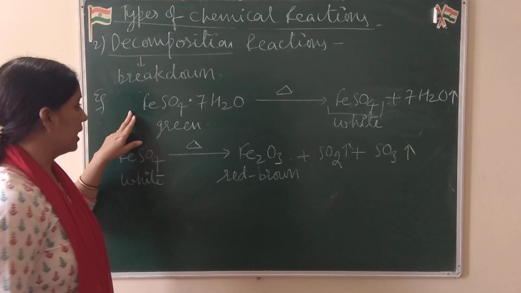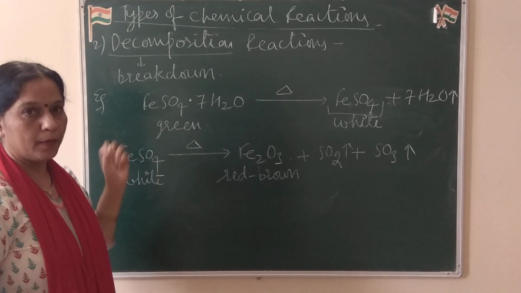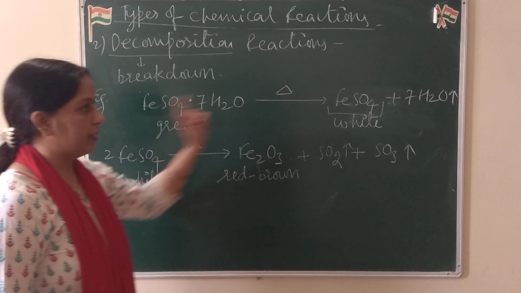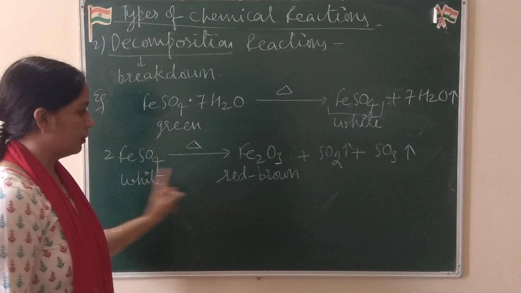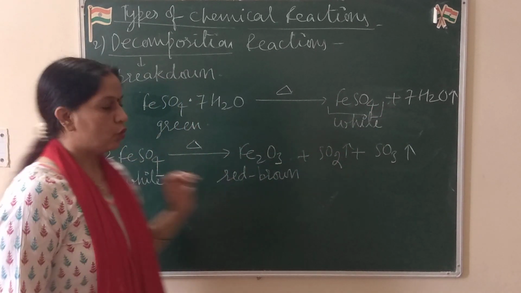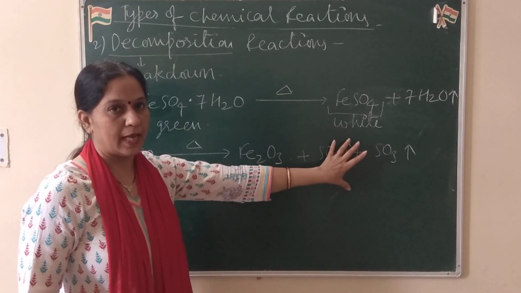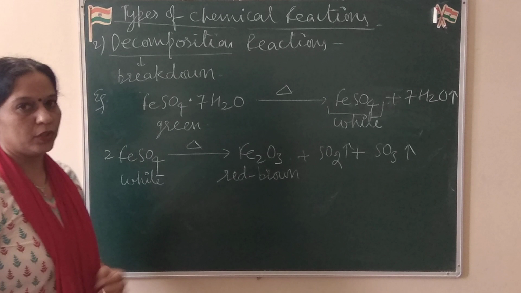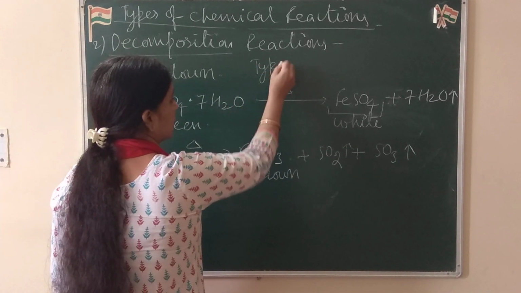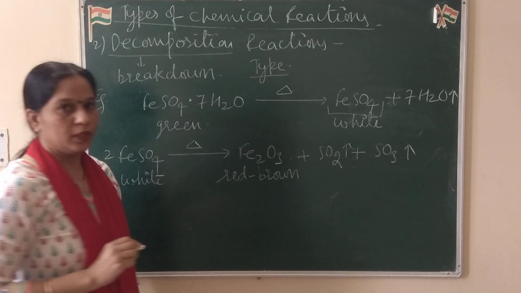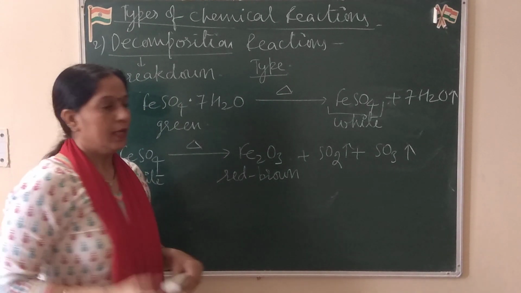That means when we heat FeSO4 directly on a burner, it absorbs heat energy and then it evaporates water first and then it splits into three substances. So one substance is producing three substances, that is called decomposition. Now we have to see what is the type of decomposition here.